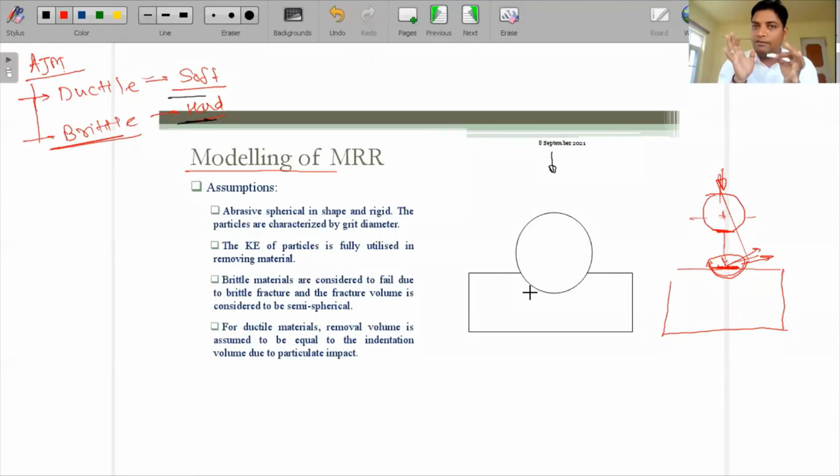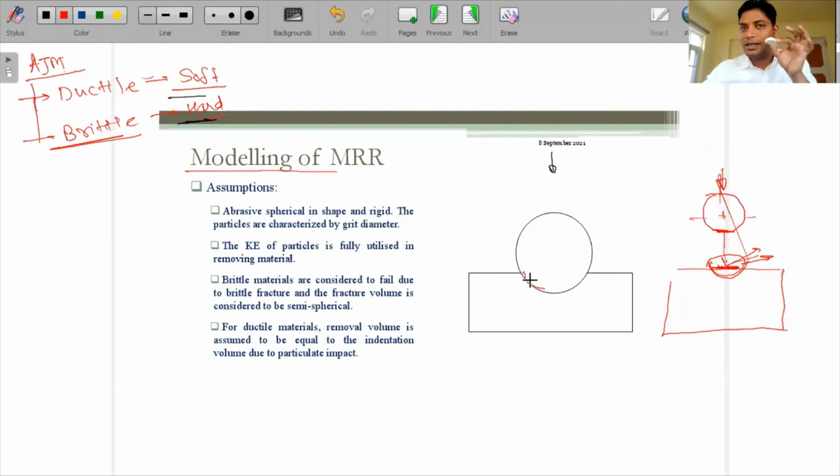It will no doubt absorb the load, but as this abrasive particle has very high strength and very high velocity, it is impinging over the workpiece surface. It is not just falling. So the same mechanism that was happening in the brittle material, as the ball is falling and removing the material from the workpiece, will happen here as well.